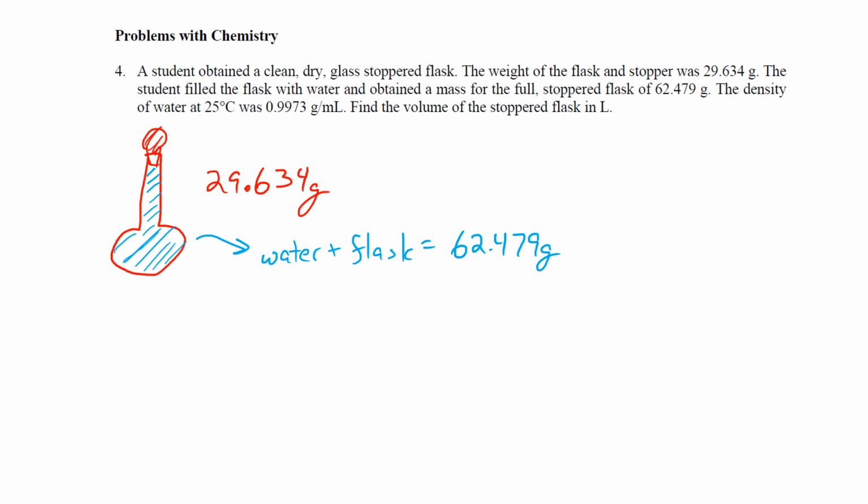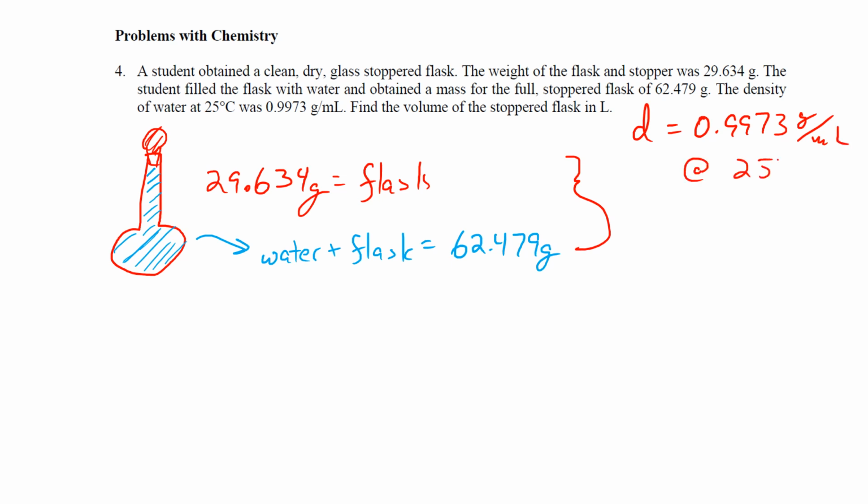62.479 grams. Okay. This is one where I really do think drawing stuff out actually helps, because sometimes it's like all this stuff, okay, you got the flask, then you filled it with water, and now you got a new flask. All right, so then we're given that the density equals 0.9973 grams per ml at 25 degrees C. And we want to figure out the volume in liters of the flask.